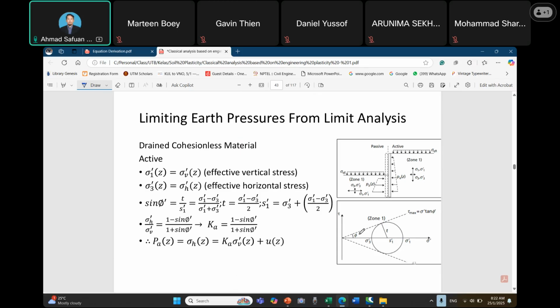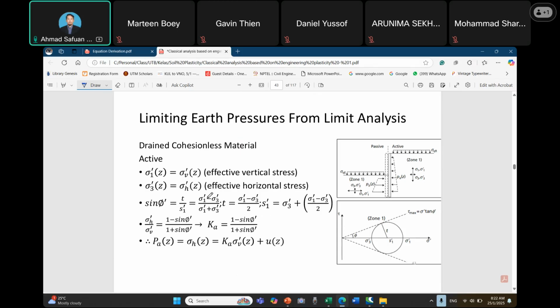Then we want to get the ratio between T and S1. T is the opposite of the angle phi, and S1 is the hypotenuse.